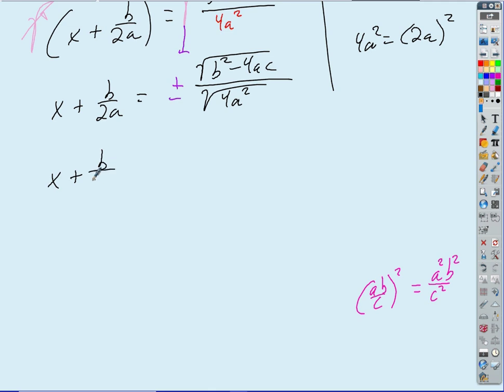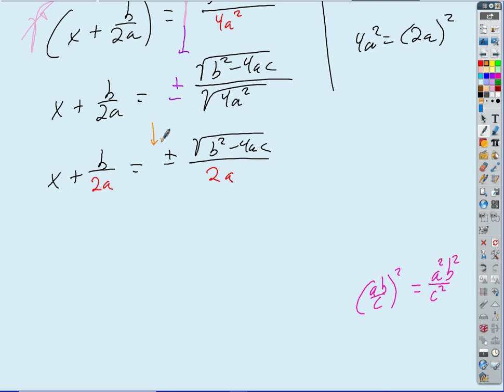I get x plus b over 2a equals plus or minus the square root of b squared minus 4ac over 2a, right? Common denominator. What's the last step to get the x by itself? I'm going to subtract that, aren't I? And I'm going to put it right there.